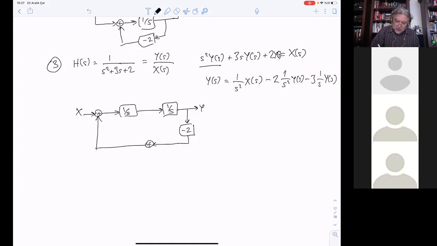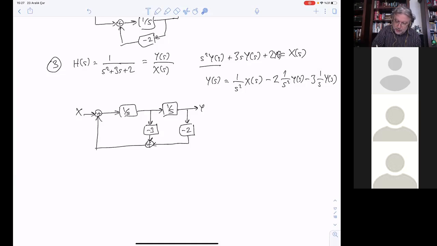So I'm going to open a branch from here, minus 3, put it here, and now it will be something else. So what is that thing? Why am I putting it there, and what does it really correspond to?